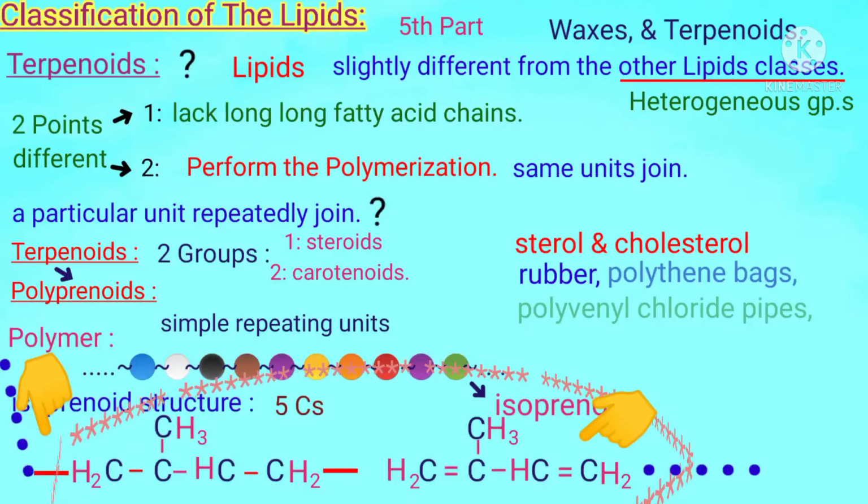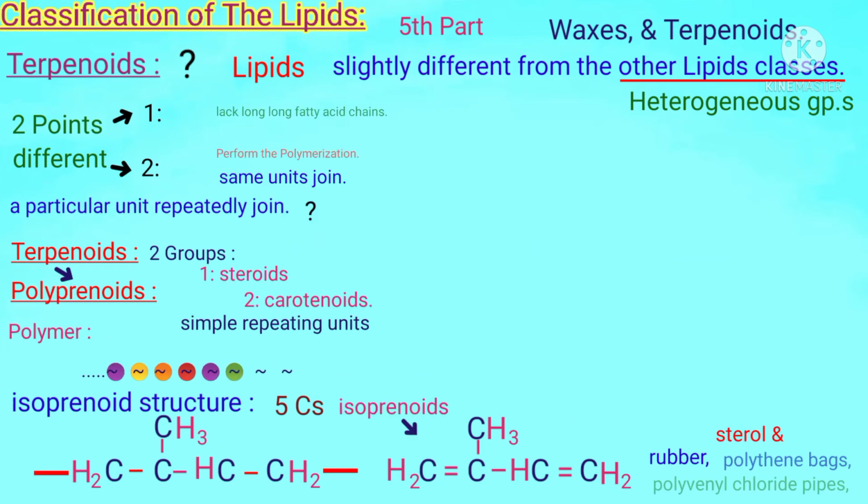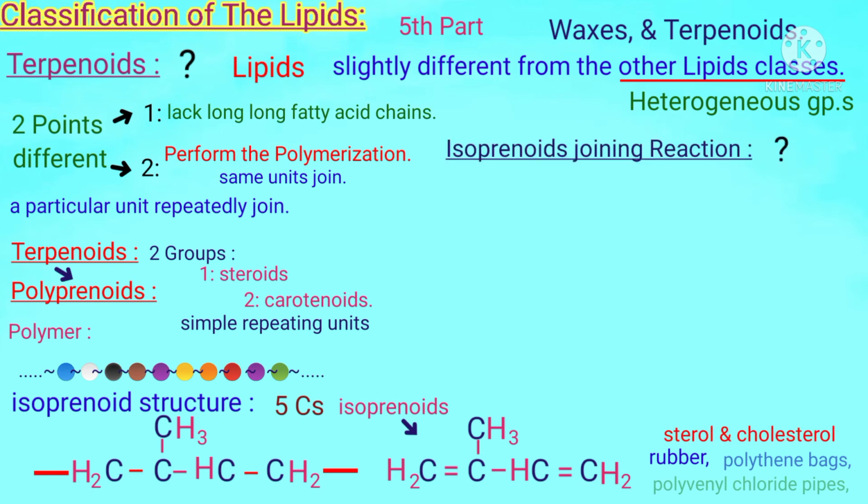Both of these sides have double bonds. So here we can join new isoprenoids, and there we can also join the new upcoming isoprenoid units, monomer units. Next, students, by which reaction are the isoprenoids joined? The answer is the condensation reaction.